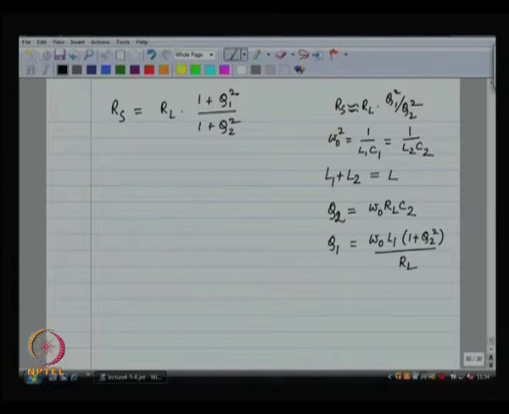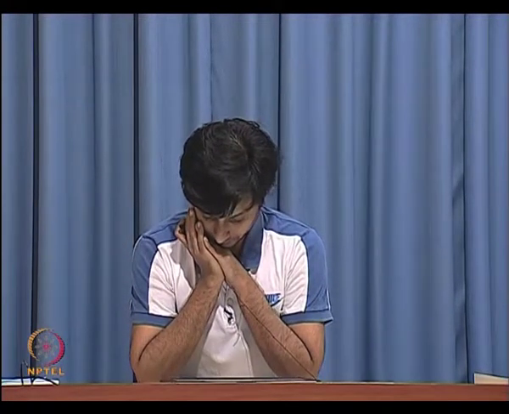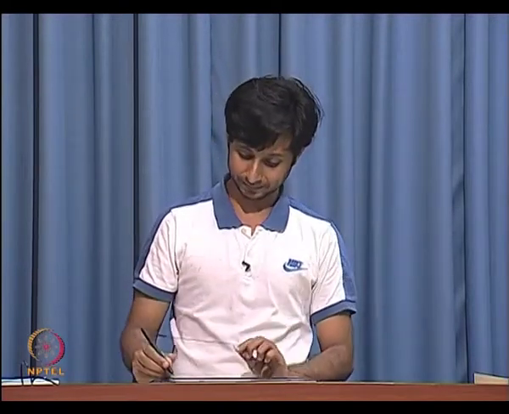Okay. Now, we have all of these equations. Now, what is missing? There is one big piece of information that is missing. The Q of the total circuit is missing.